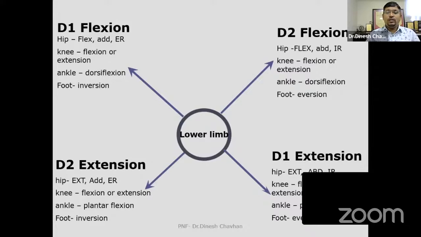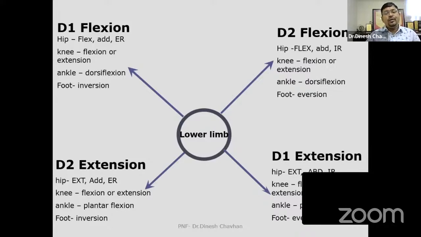These are small things; it is very easy to remember that in flexion it is dorsiflexion at the ankle, and in D1 and D2 extension, plantar flexion at the ankle. The only difference is inversion and eversion.